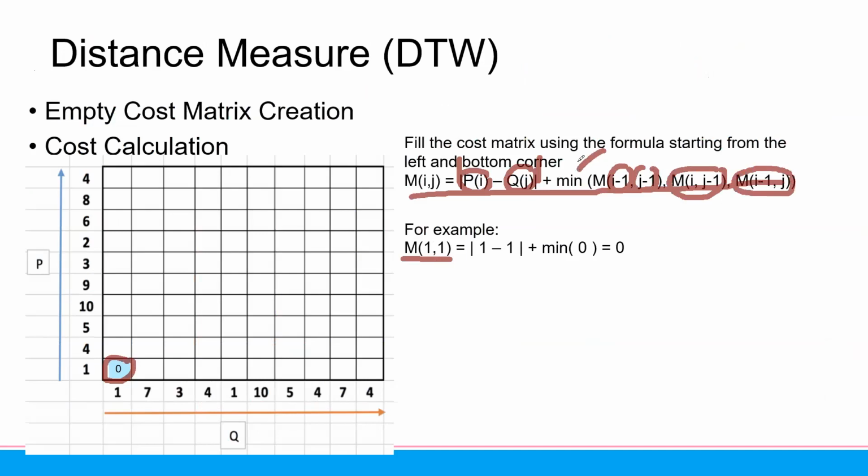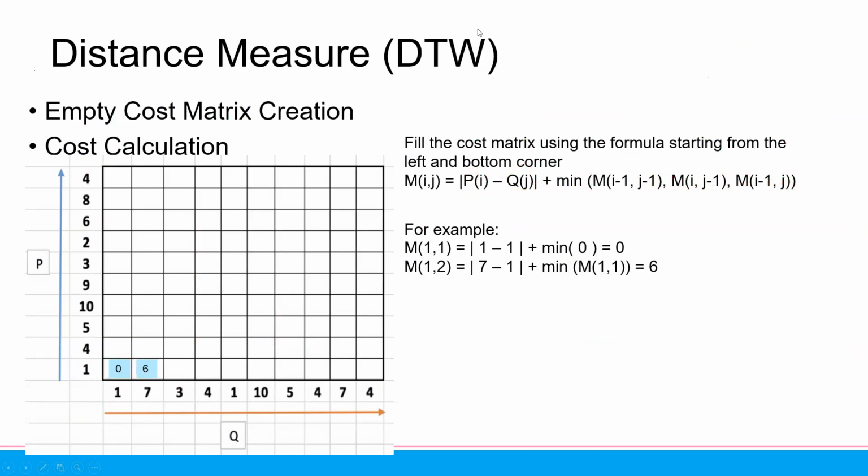So we want to check the minimum. Now we have M1,1. P1 is 1, Q1 is 1. Then 1 minus 1 is 0. For the minimum, we don't have any box here, so it will be 0. Then the minimum here is 0.